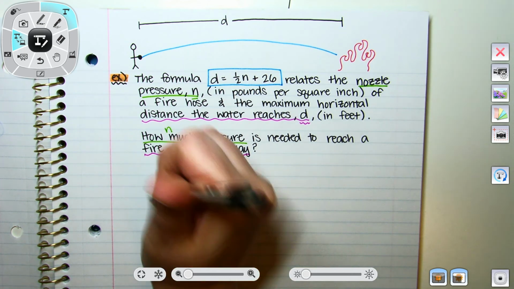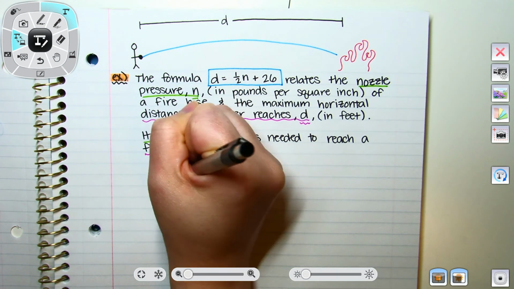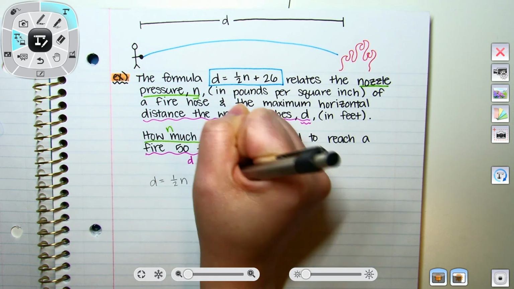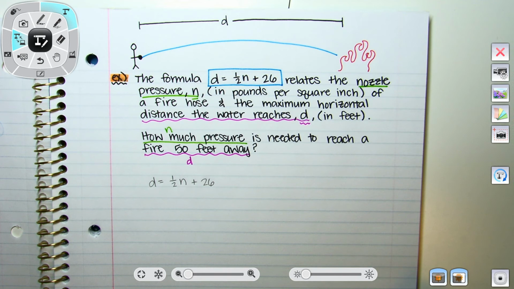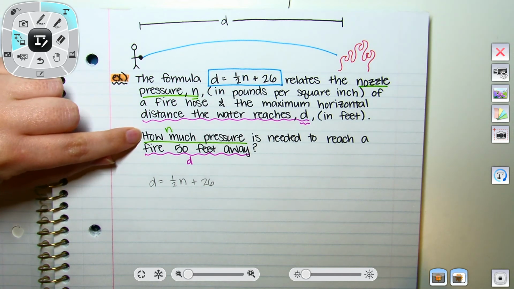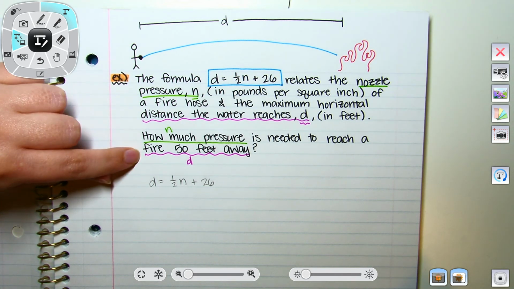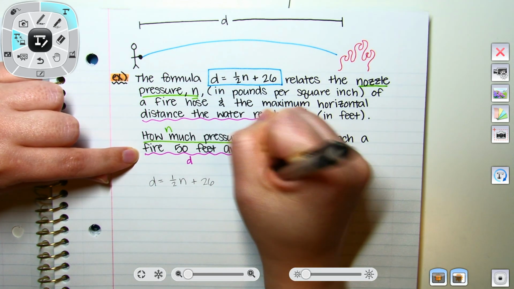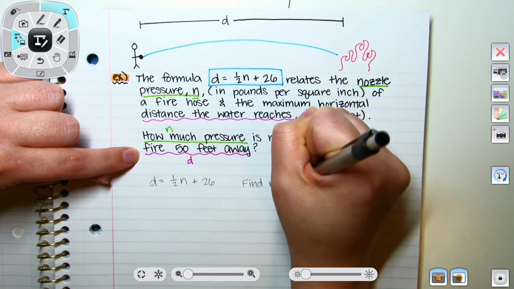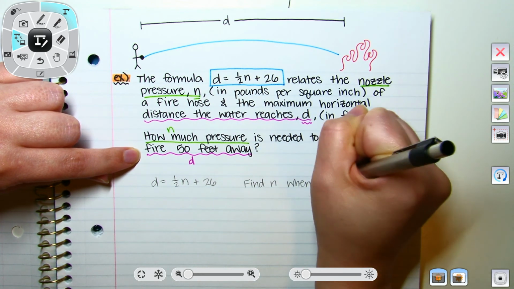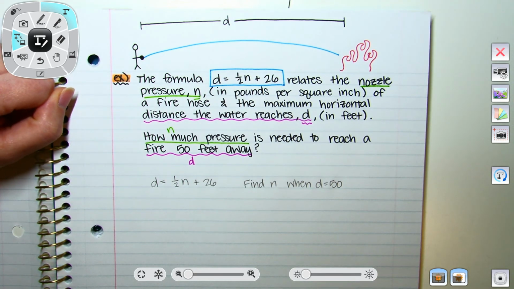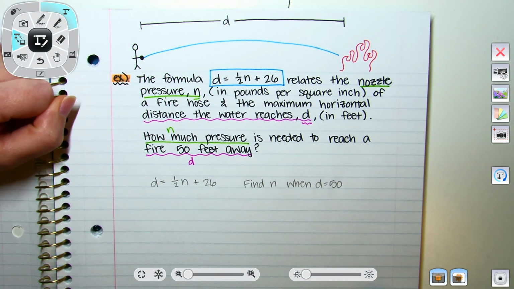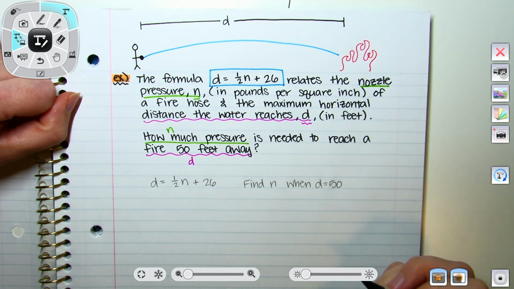So in my equation, D equals 1/2 N plus 26, we are being asked to find the value of N when D equals 50. So what we're going to do is plug in 50 for D and then solve for N. All right, so let's go ahead and do that.